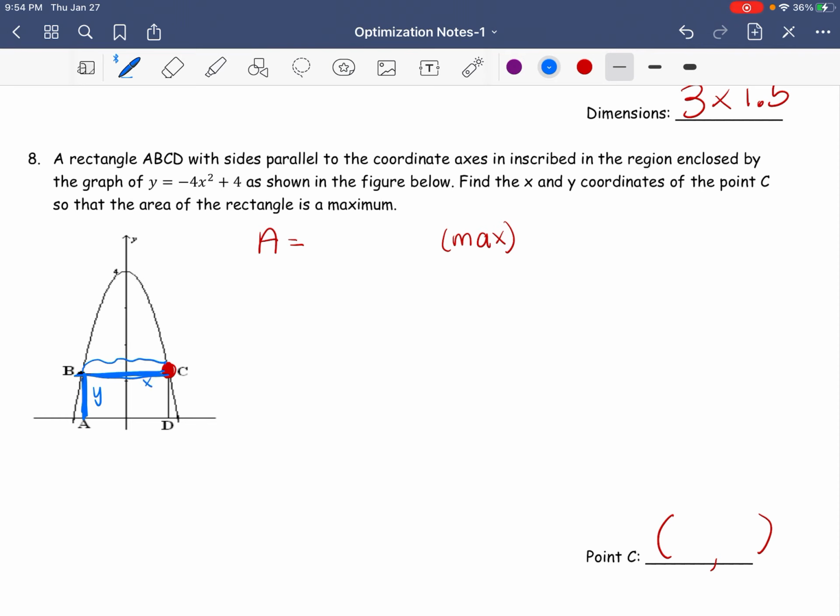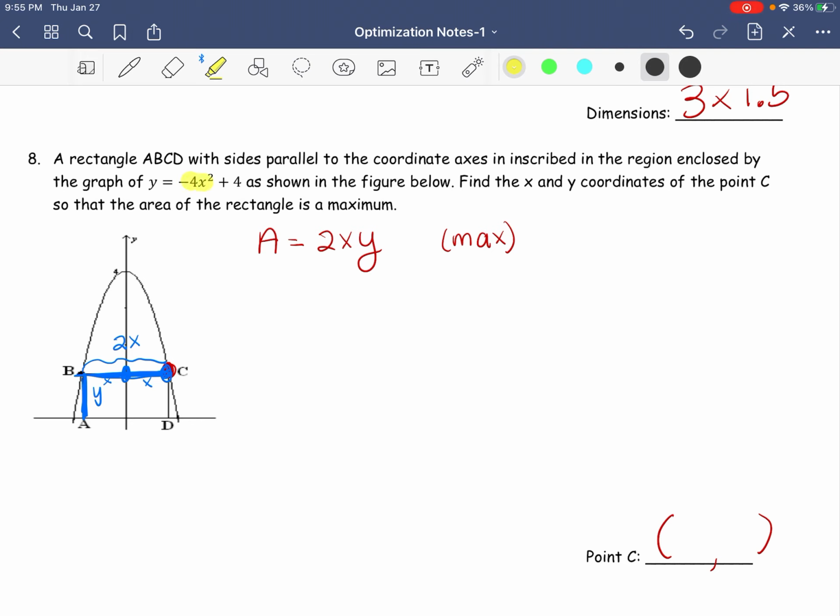Well, this part is x from here to here, because I start at the y-axis and I move over a distance of x. This part is also x. So I'm going to call the width of my rectangle 2x. If I'm trying to find the area, it would be length times width, or 2x times y. That's what I'm trying to maximize.